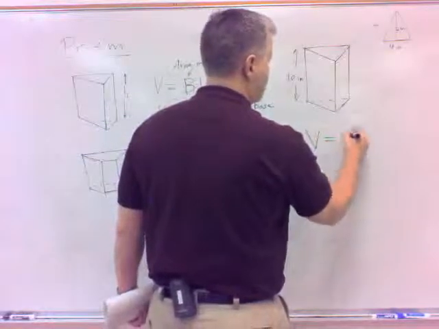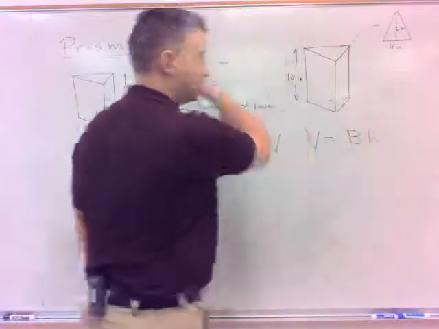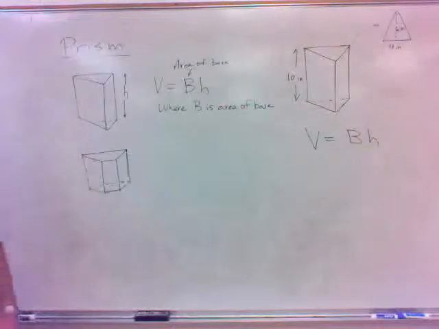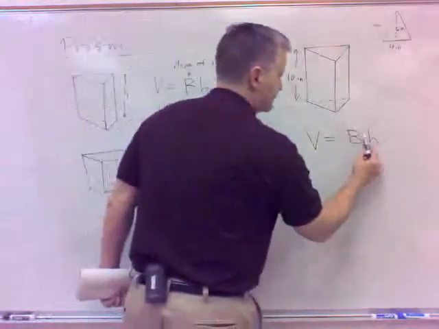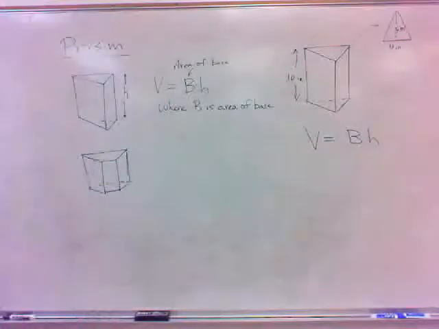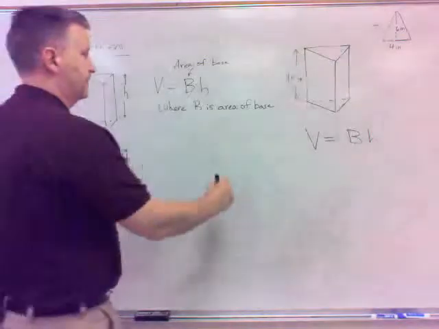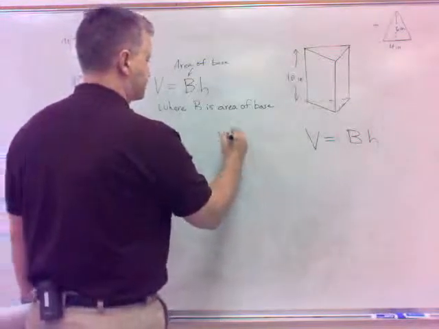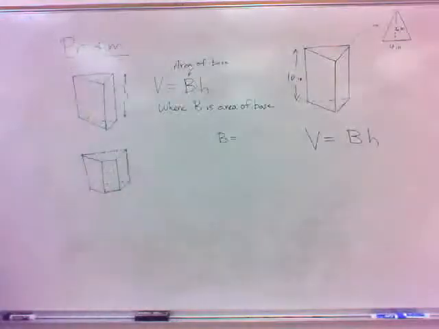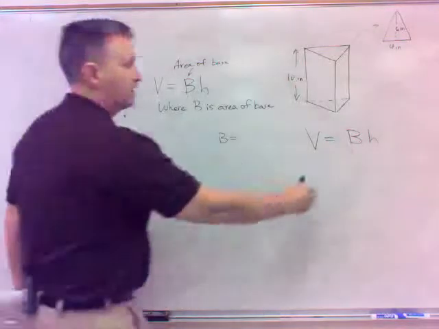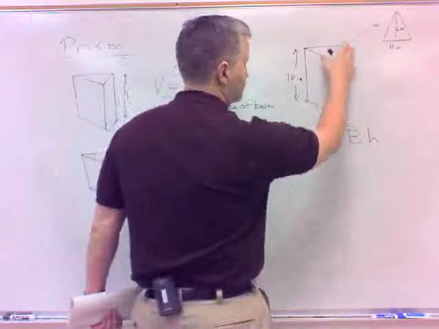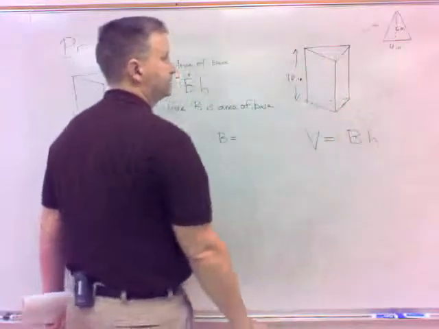All right, so the volume of that. Well, the volume is going to be big B times h, because it's a prism. When you do the volume of a prism, though, you start out by doing your big B. You need to come up with the area of the base. All right, so let's do that over here to this side. Big B in this case is the area of the base, which is the triangle shape there.